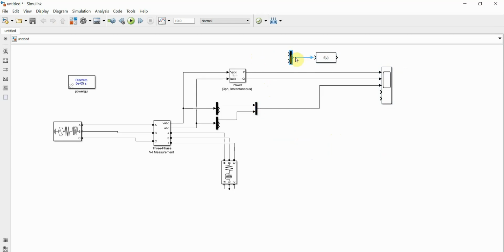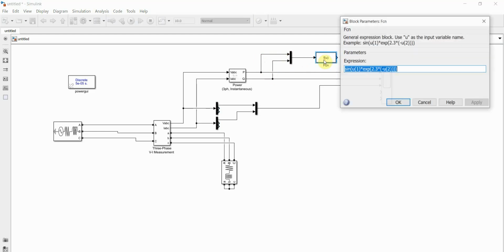Here we will mux active power, and it is very simple, we will use our basic knowledge and implement the equation.